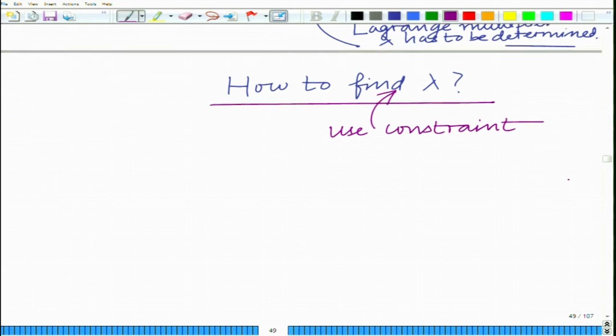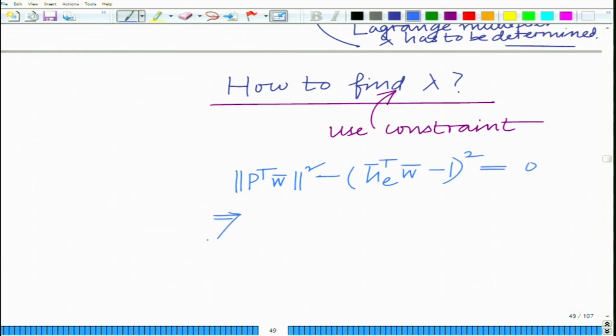And what is the constraint? Remember, our constraint is that the norm of P transpose W bar squared minus H bar transpose E into W bar minus 1, whole squared, equal to 0.